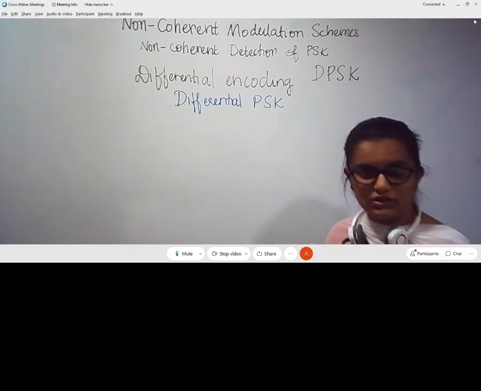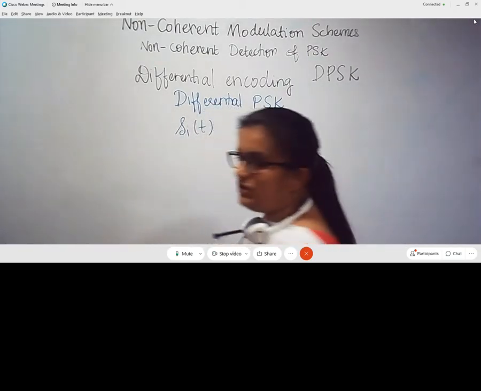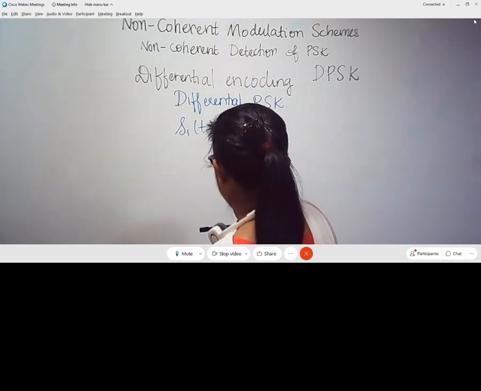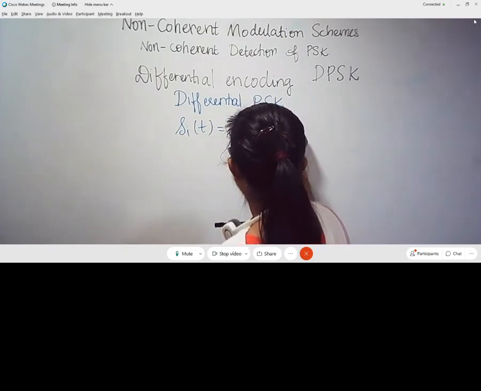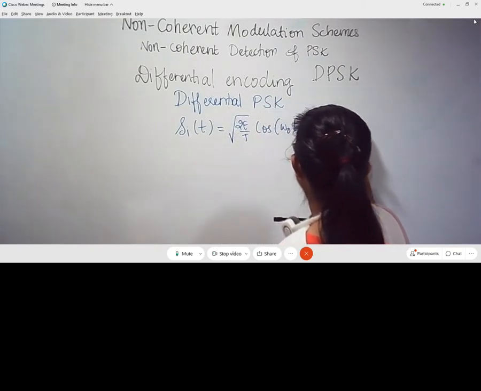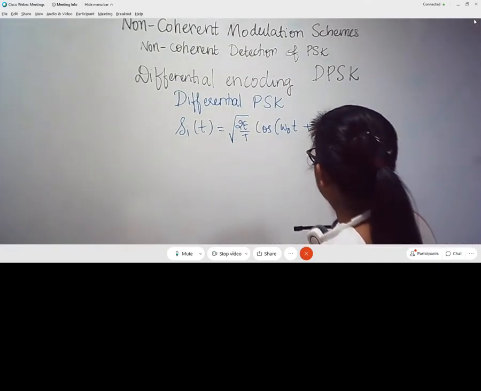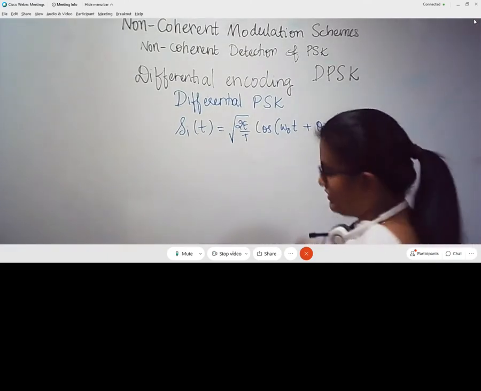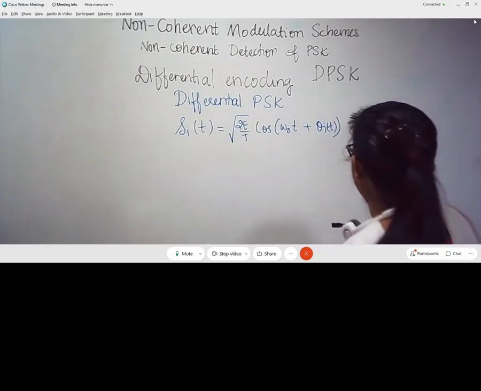Assume that I have a symbol s_i(t) which is of the PSK type. It will be of the form square root of 2E over T times cos(omega naught t plus theta_i(t)). I know its instantaneous phase, theta_i(t), changes with respect to time, according to the symbol I am transmitting.